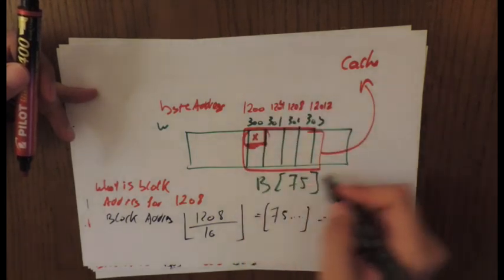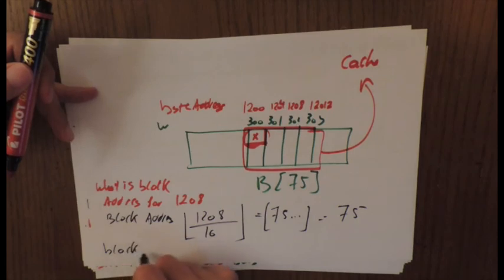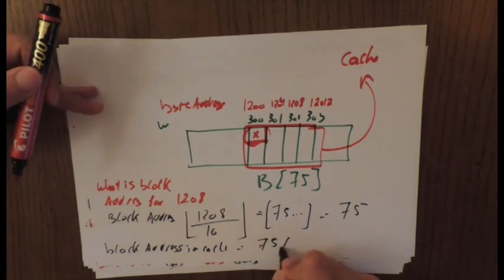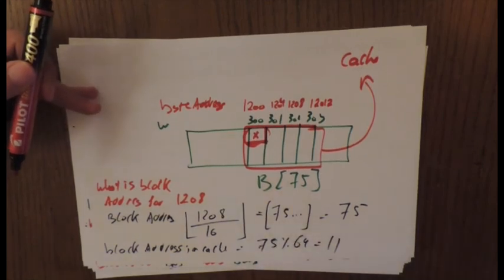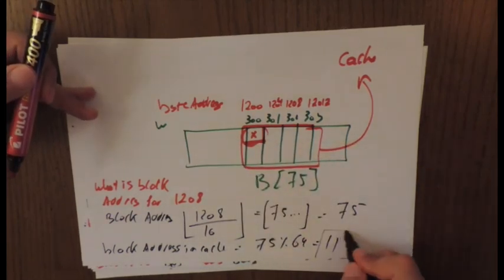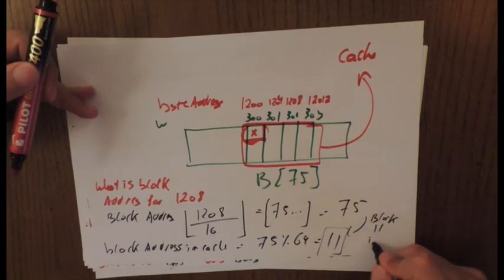So I know that this is block 75, and then block address in cache is equal to 75 mod 64, which is B11. So all the words that range here will go into the same block, which is block 11 in cache.